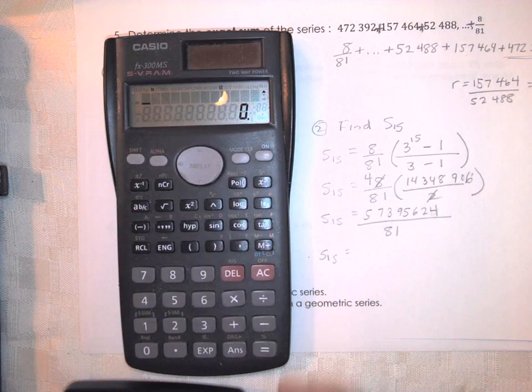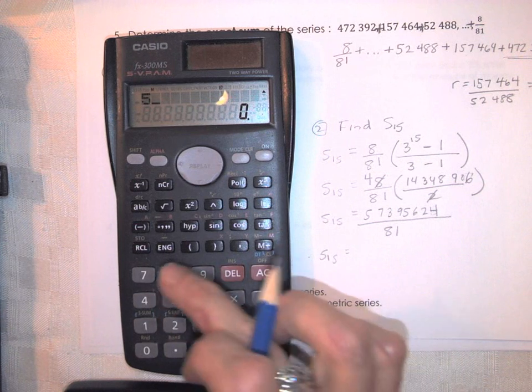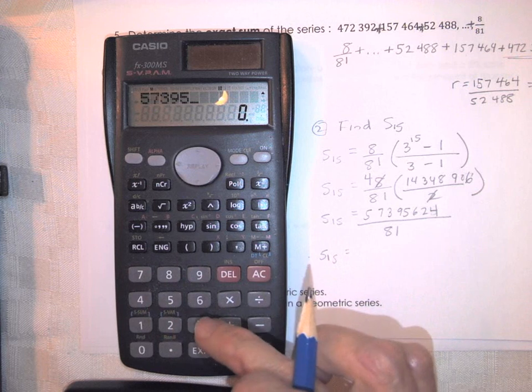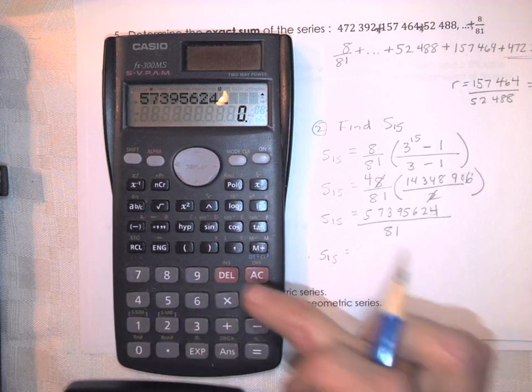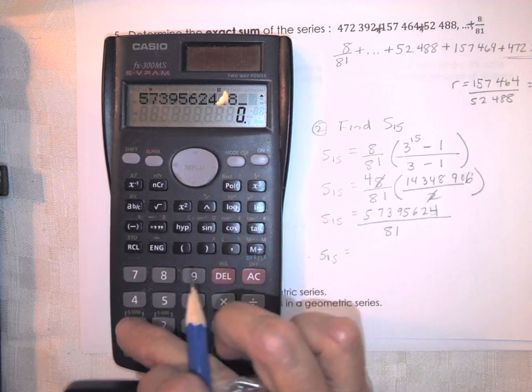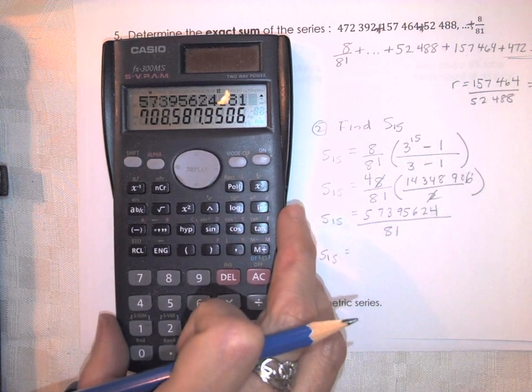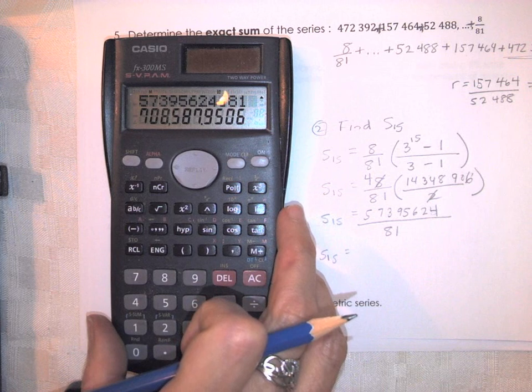I'll show you on my calculator. So 57,395,624 over 81, and then it shows you a decimal there.